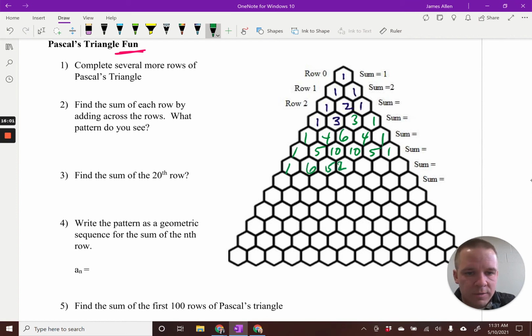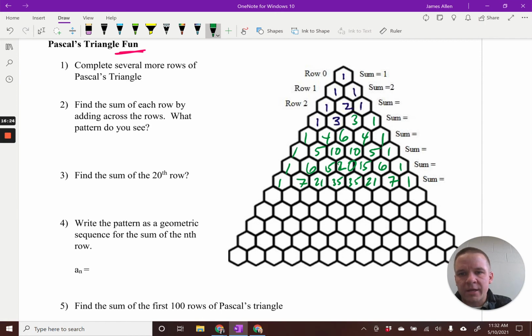Remember, I'm just adding the two above together to get this one, right? 1, 7, 21, 35, 35, 21, 7, 1. Okay, now we can keep going here. I'm going to pump the brakes because that's a lot of writing.